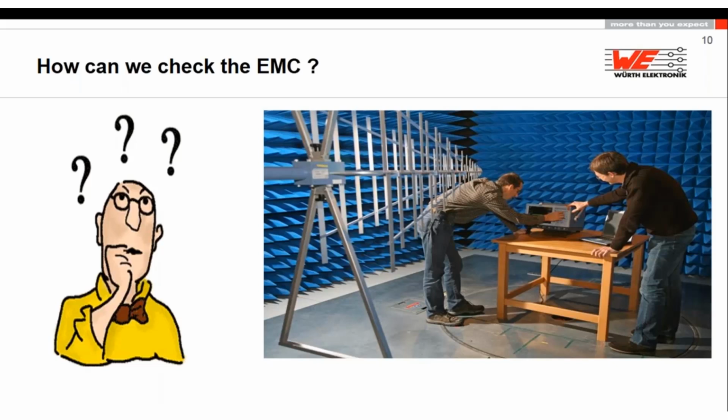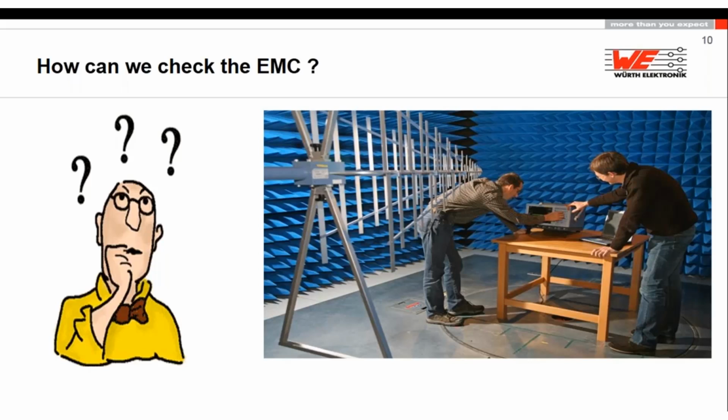An EMI receiver, if you want a good one, is between 40 and 60,000 euro, it will be very difficult to find one. But an investment in a spectrum analyzer which can go up to 3 gigahertz will be possible to pay. This is not so expensive, and there are some manufacturers where you can buy quite cheaply.